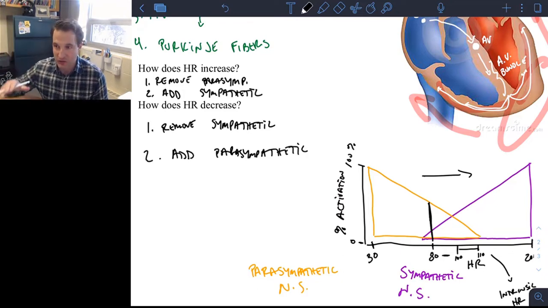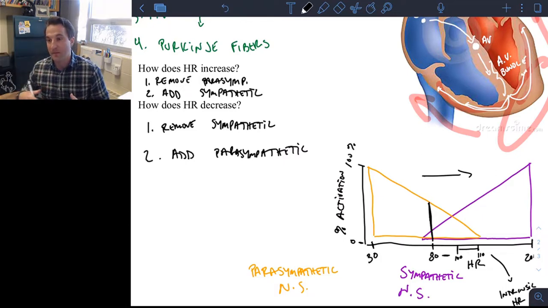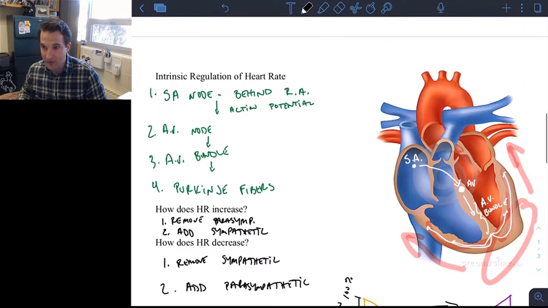Your heart rate is going to start coming down. Well, first, what's going to happen is that sympathetic is going to go away and that heart rate is going to come down. And then over time, after you finish your race, the parasympathetic is going to start to rise again and pull that heart rate even further down. Back to that 80, maybe even a little bit below if you're relaxing. Okay? So that's the intrinsic overall heart rate regulation right there.